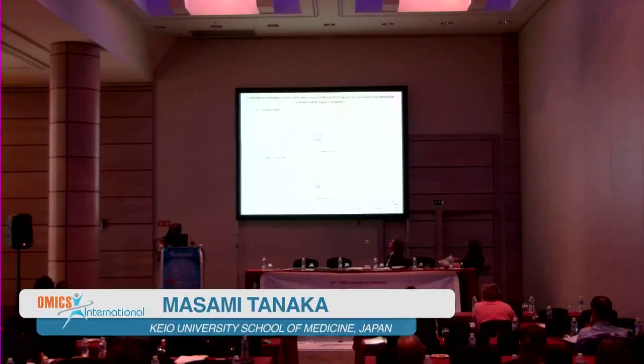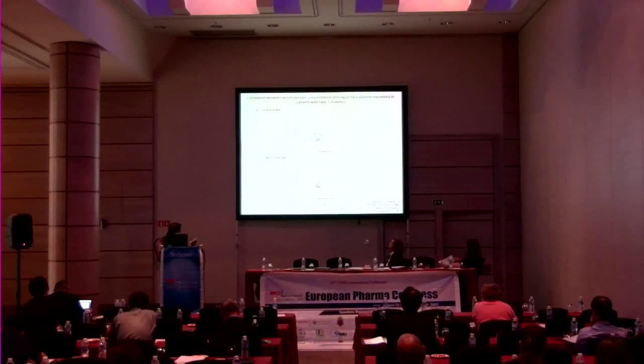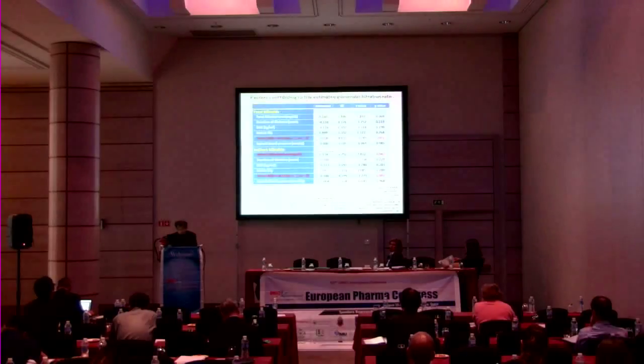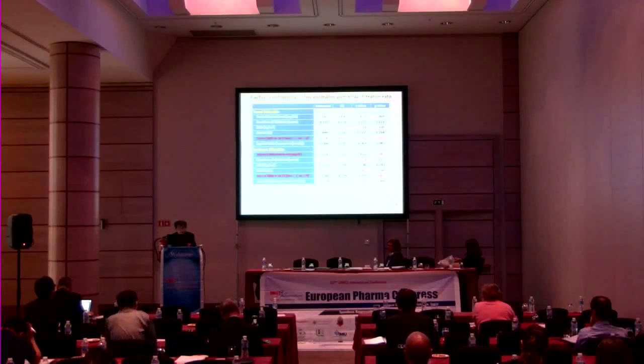So in this slide, both total and indirect bilirubin concentration correlates negatively with urinary albumin excretion. So the higher urinary albumin excretion rate, the lower bilirubin concentration is. So this slide shows the result of multivariate regression analysis looking for factors contributing to the eGFR.